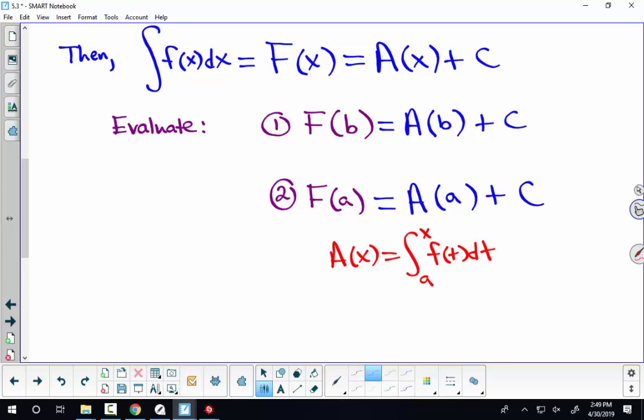So if capital A of x is equal to that in red, then what is capital A of a equal to? What is this right here equal to?